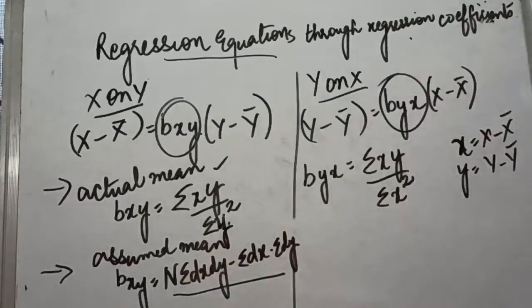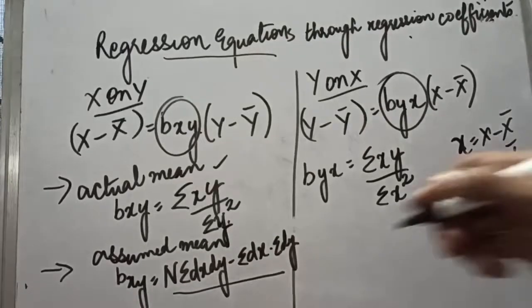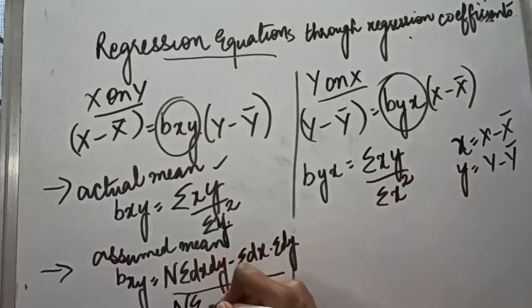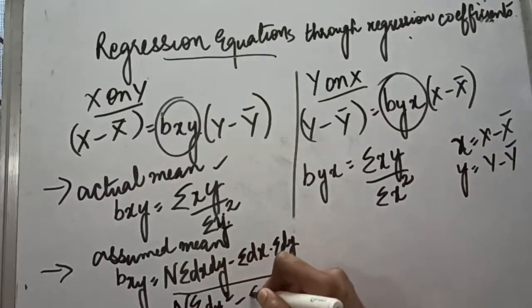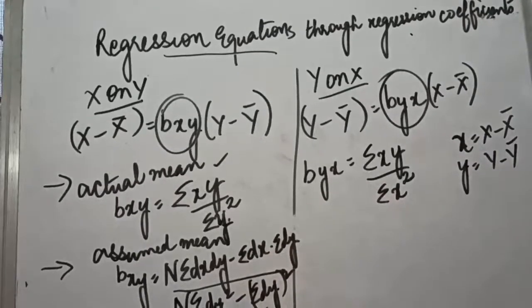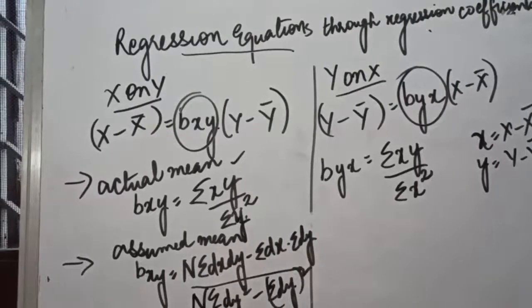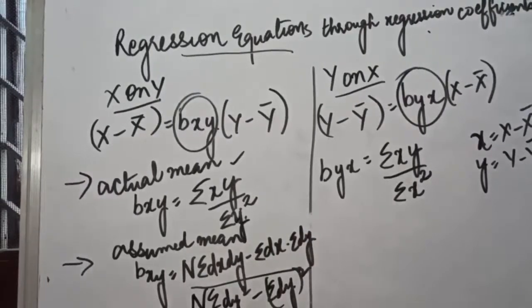The numerator is the same as we have seen in the case of correlation, but there will be a change in the denominator. It will be n into sigma dy square minus sigma dy whole square.